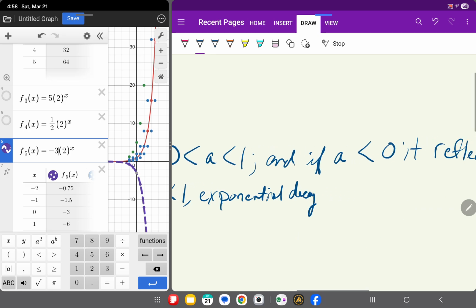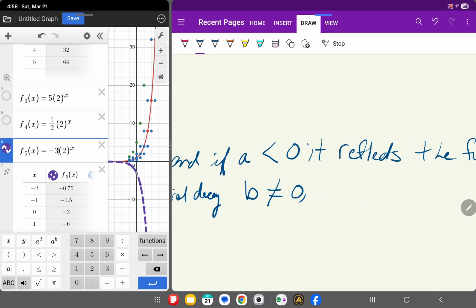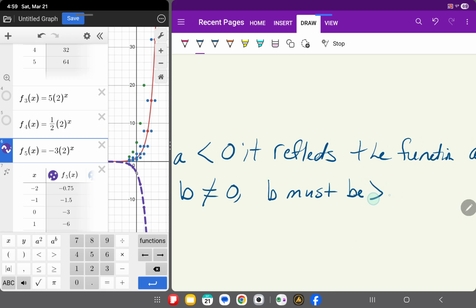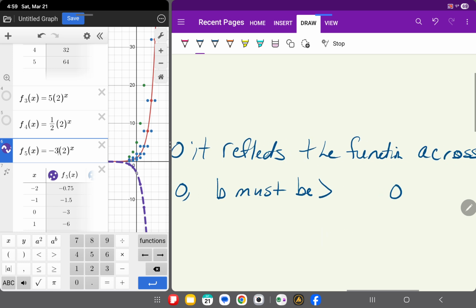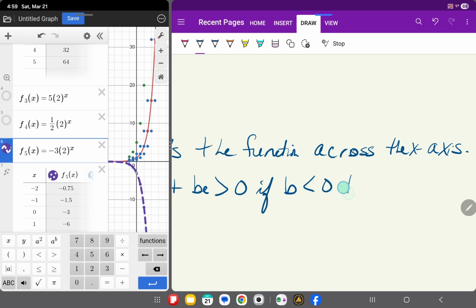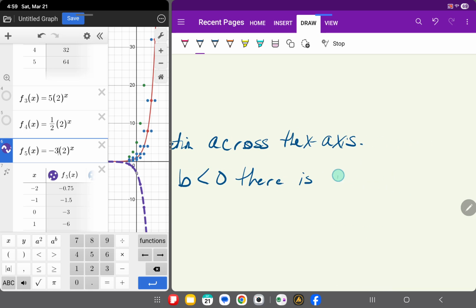We cannot be equal to 0, because otherwise we would have nothing, and B must be greater than 0. If B is less than 0, there is oscillation.